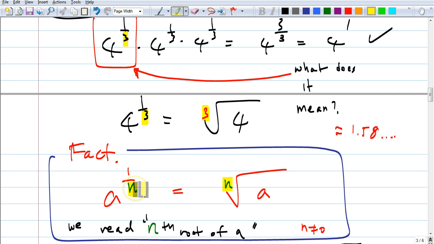If you don't have anything there, that means 2, right? That's the invisible 2. Because we use that so many times, people got tired of writing that little 2, so they just wrote square root. Okay? So that means there's a 2 there. Any question?